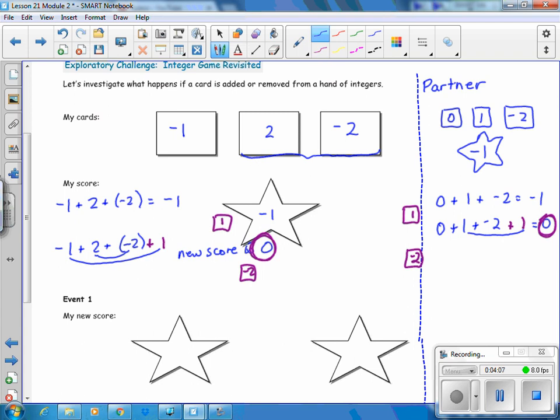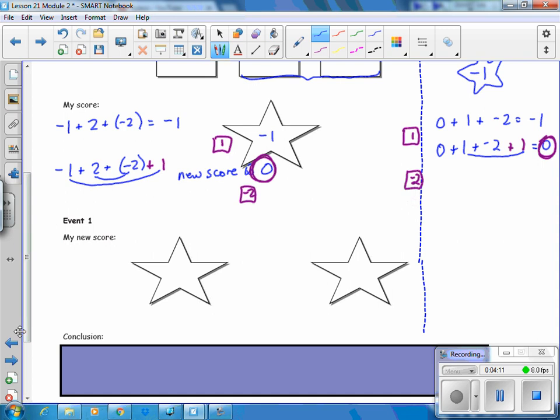Okay, let's figure out your new score. So you have -1 plus 2 plus -2 plus 1 plus your new card, which is -2. So we know that adding a negative is the same as subtracting.